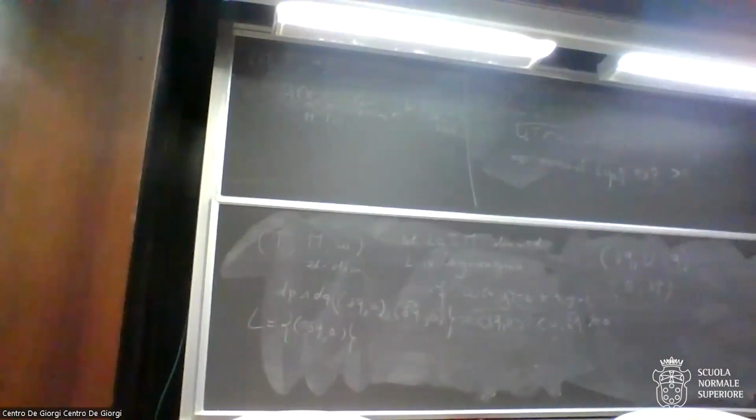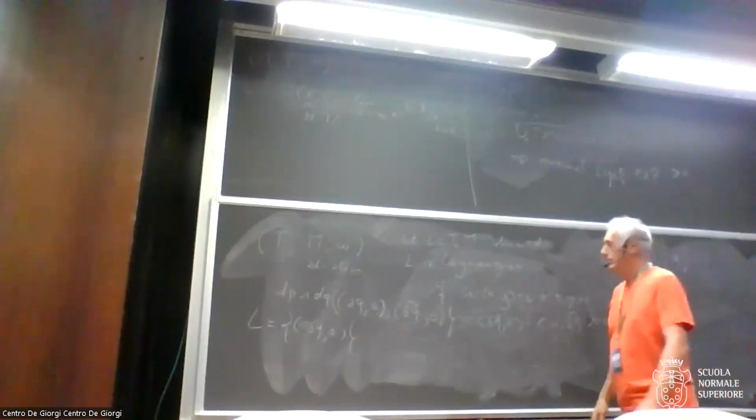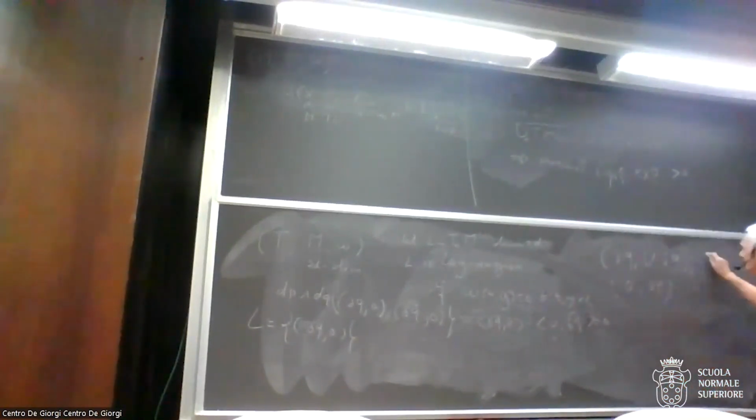It's not the only one, but the only time in which you cannot write it like this is when some of these must be 0. But you can check that if you take 2 vectors that are like this, then you get 0. It's a stupid computation, the same computation as before, so let's do it.